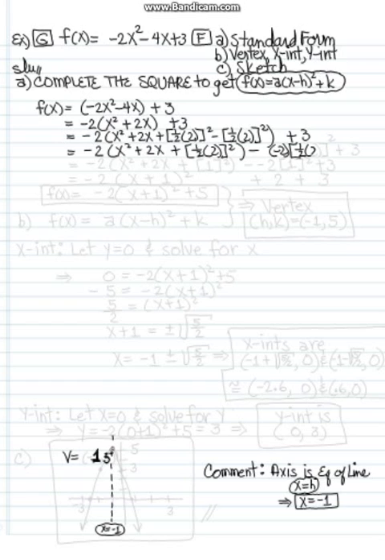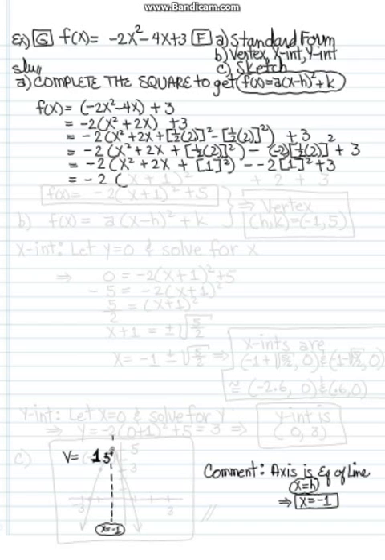So bring out the minus factor of negative 2 times 1/2 times 2 in the bracket squared, and don't forget the plus 3. Now simplify inside the bracket only, so bring down the negative 2, parenthesis, x squared plus 2x plus in the bracket 1/2 of 2 is 1, close your bracket, square it, minus a minus 2 times 1 squared plus 3.